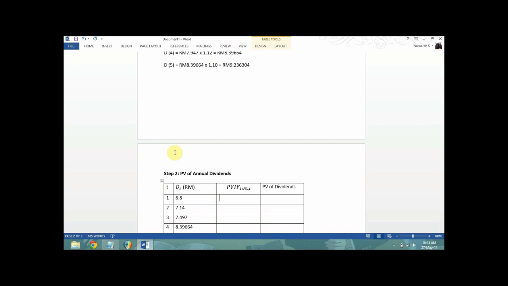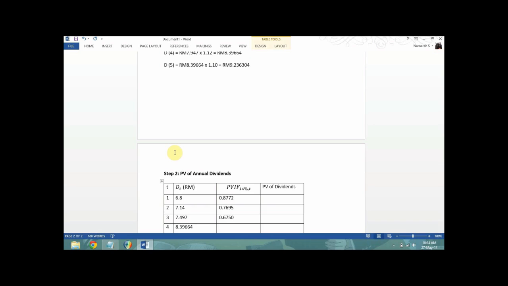So the PVIF 14% for year 1 is 0.8772. The PVIF 14% of year 2 is 0.7695. The PVIF 14% for year 3 is 0.6750.